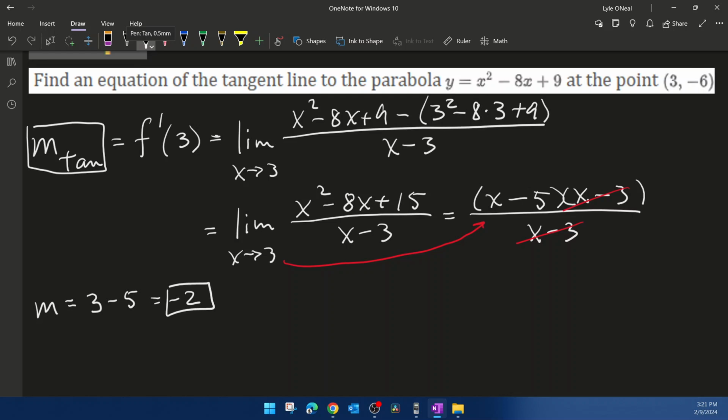Are we done? No, because we haven't found the equation of the tangent line. But now we do know a point and a slope, so we can use point-slope form. y minus y1, minus a negative makes it a positive, equals m, which is negative 2, times x minus x1.